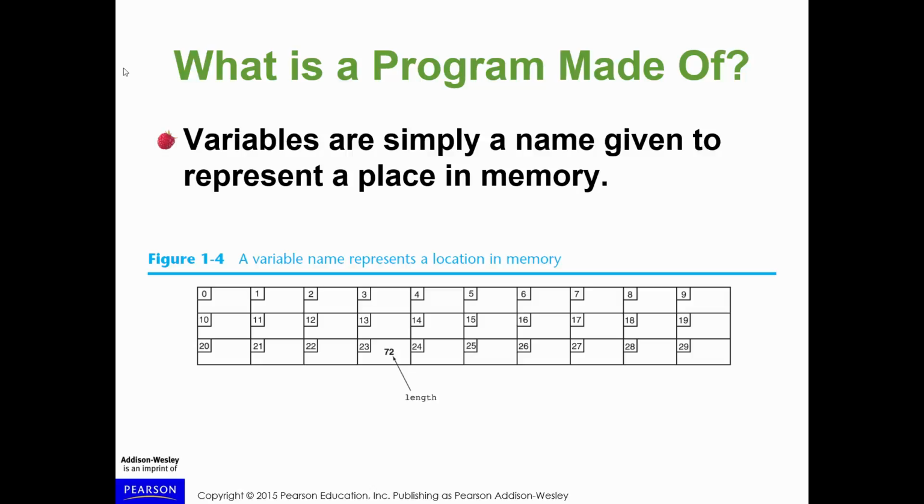Variables, the author says here, are simply a name given to represent a place in memory. Well, my definition isn't much different from that. My definition of a variable is it's a named memory location whose value may vary. Hence the name variable.